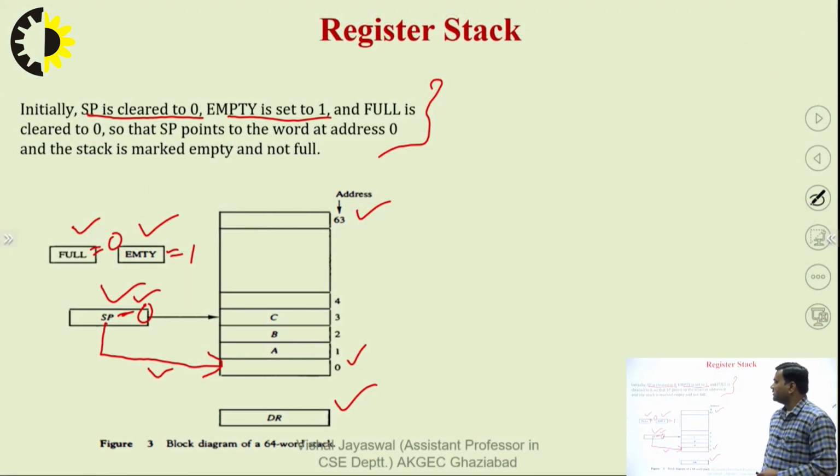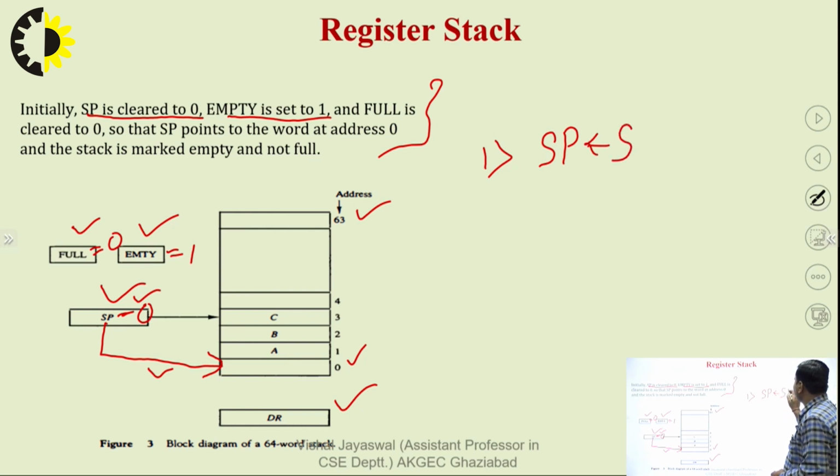In the push operation, step number 1 is to increment the value of the stack pointer, SP tends to SP plus 1.